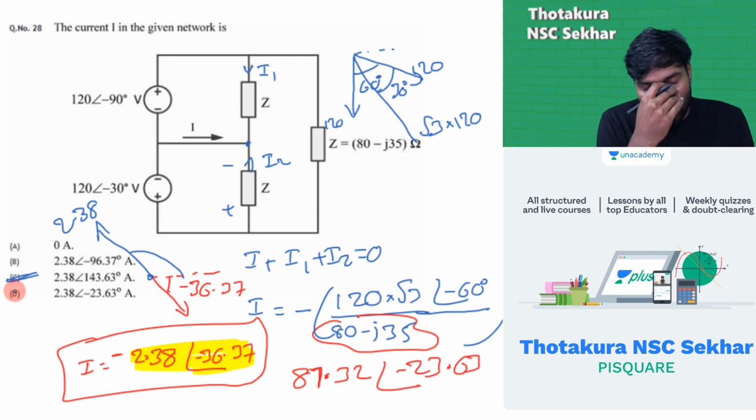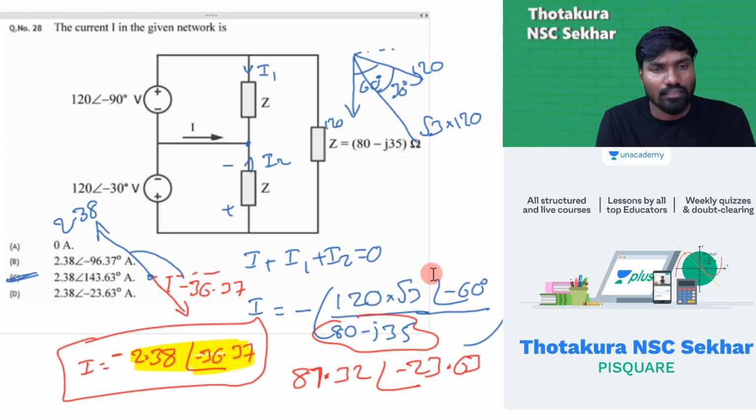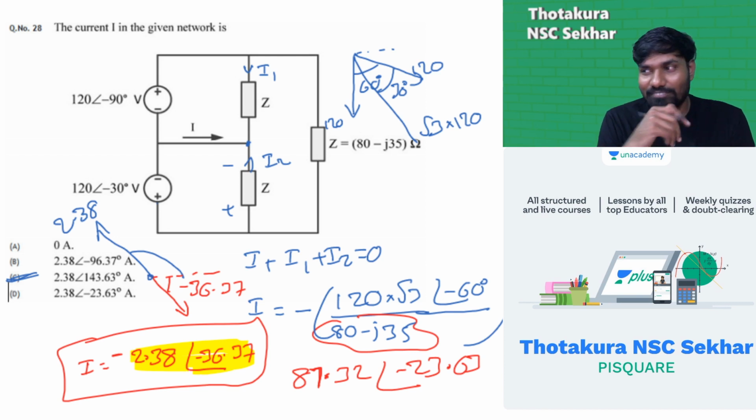If you know how to get the different representations of this phasor diagram, then things will be easier, things can be answered. Otherwise it will be tough. Okay, now the last question.